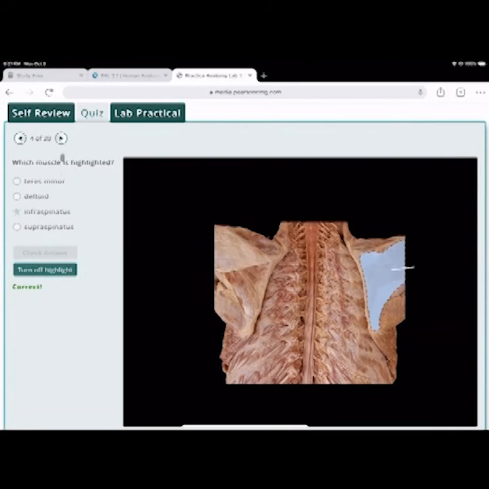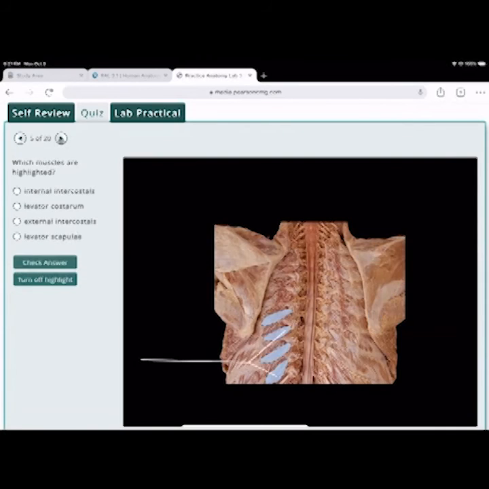Perfect. And what muscles are those? Internal intercostal. What was that? The levator costarum. Is that what you said? Everybody agree? Yep. Perfect.